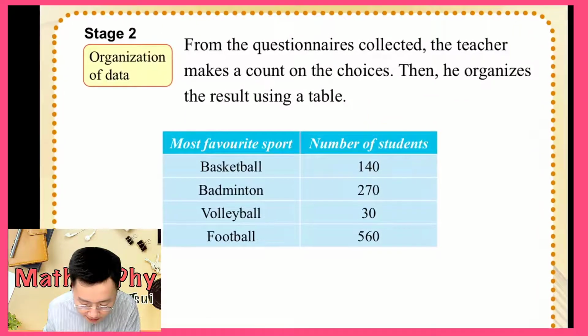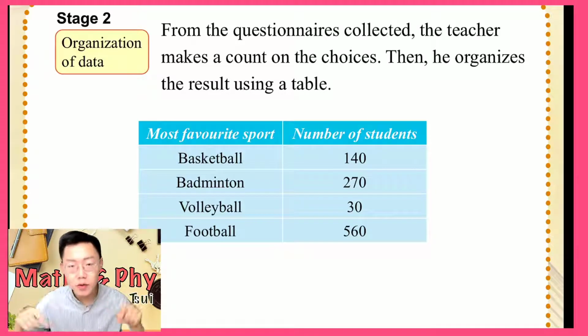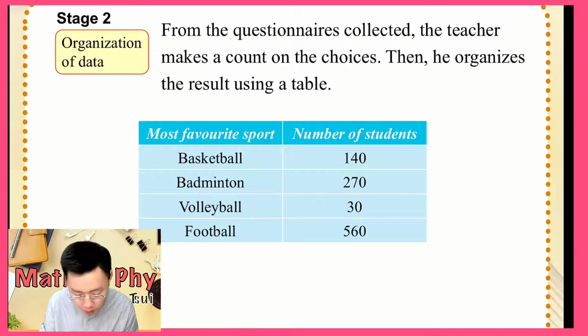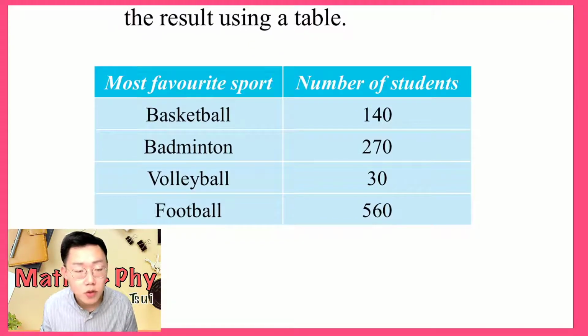For stage 2, now we have collected lots of questionnaires, and the teacher makes counts on the choices. For example, if this student takes basketball as the favorite sport, we count 1 for basketball, and if another student takes badminton, we write down another count for badminton. Then we can construct this table.